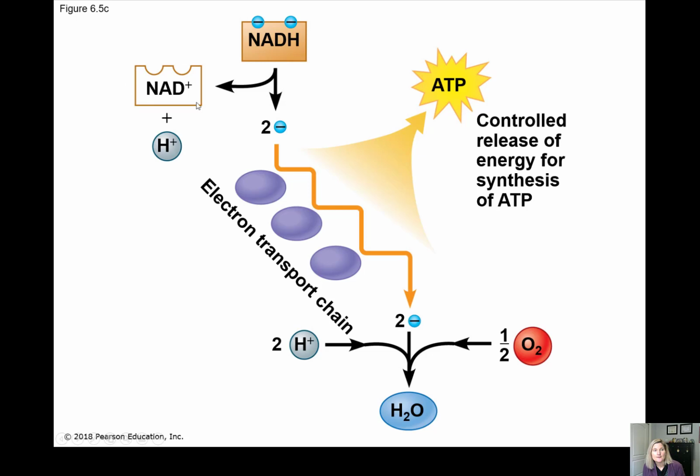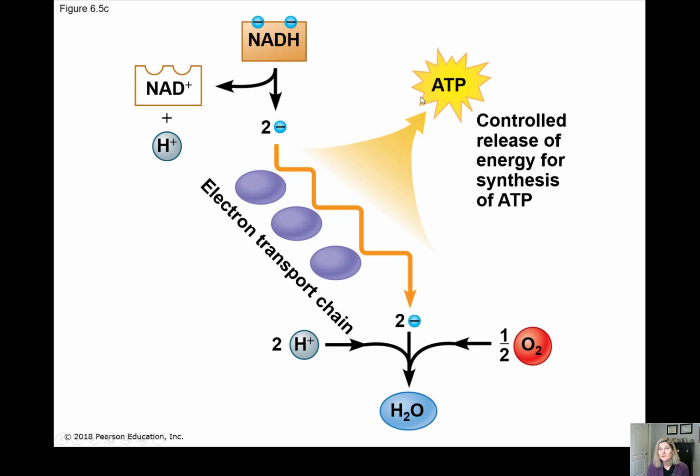So let's say that this NAD+ is on the outside of the mitochondria, in the cytoplasm. When it gains those electrons, it's going to be moving as NADH into the mitochondria, into a special area of the mitochondria where it can release these electrons. These electrons will then be transferred through what's called the electron transport chain, which will allow for enough energy to take that ADP and the phosphate group to form ATP.